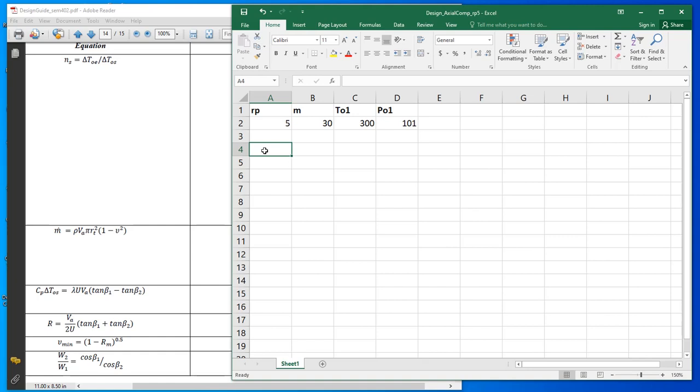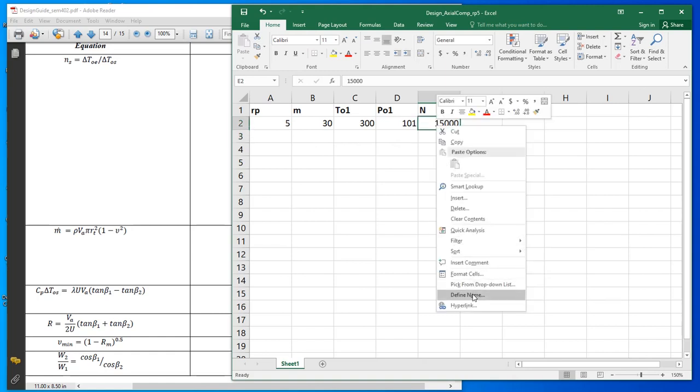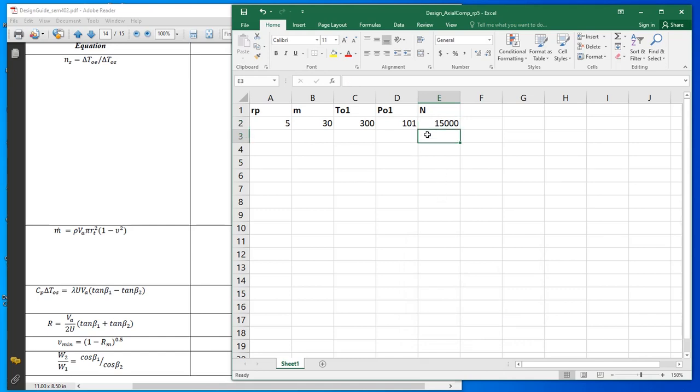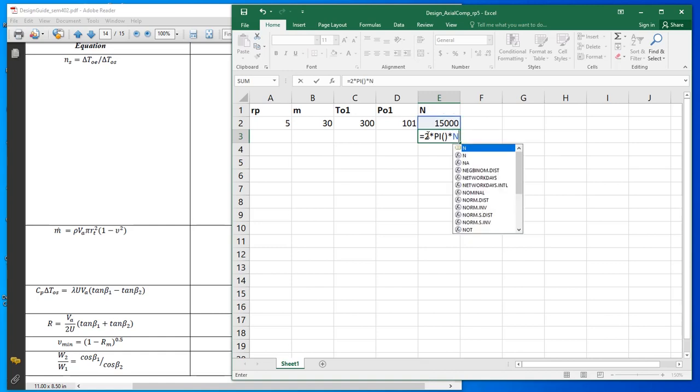We also need to start with a certain RPM. The RPM we picked in the beginning is 15,000. Let's give it a name as well, N. We can convert it to omega, because that is needed at certain places in the calculation, as 2 pi N divided by 60.